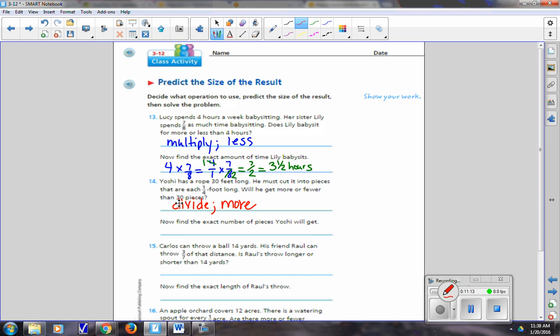So I want to know 30 feet divided by 1/4, because I want to know how many quarters fit into 30, right? So it's going to be 4 times 30, which equals 120 pieces.